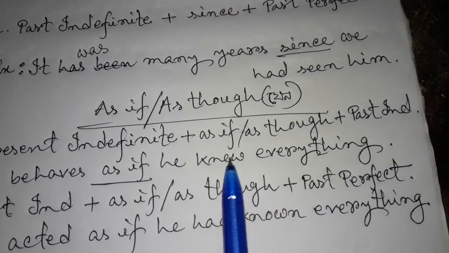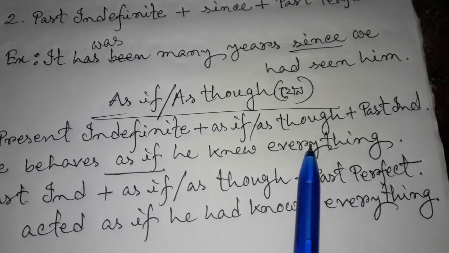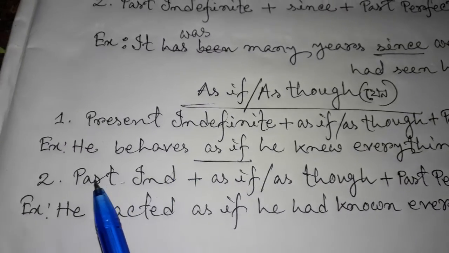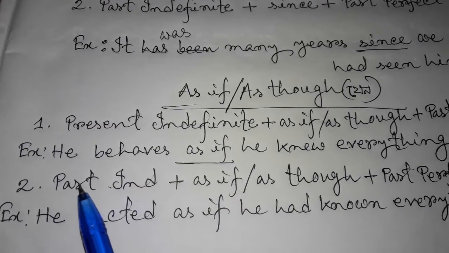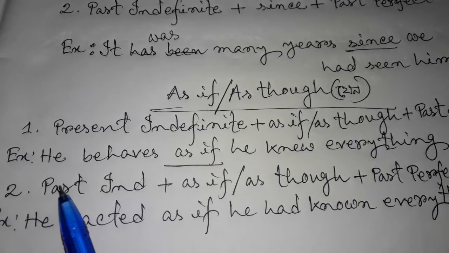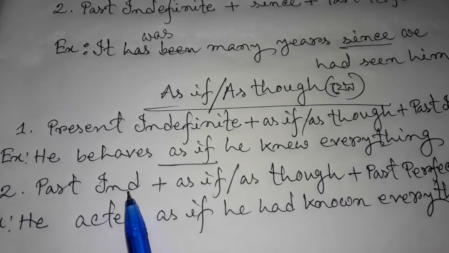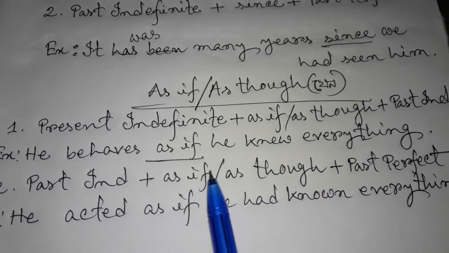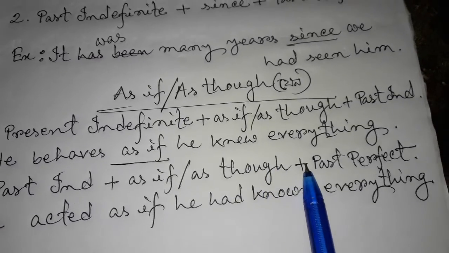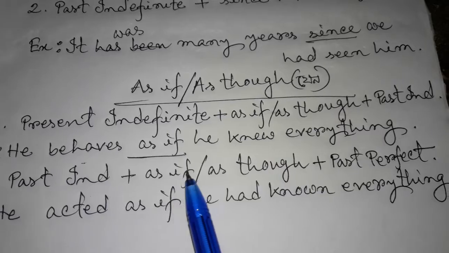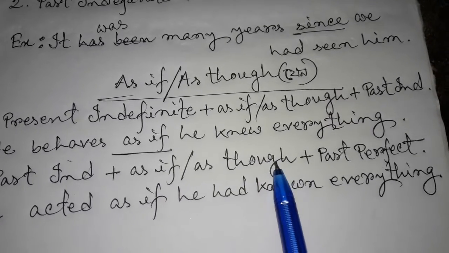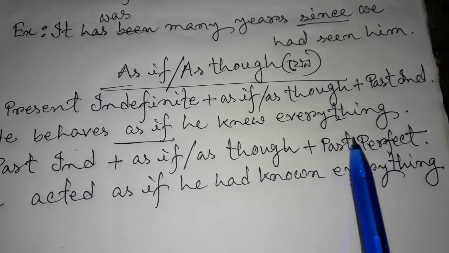Subject plus verb 2 plus object. Okay, let's go to the next rule of as if or as though. Past indefinite plus as if or as though plus past perfect.